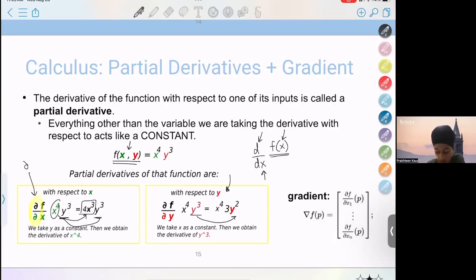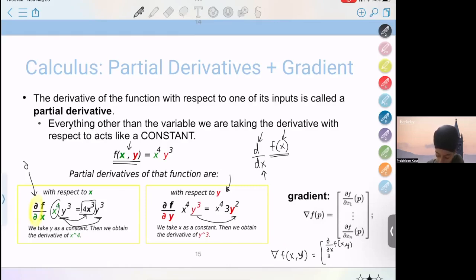So for this example, if we were going to write the gradient of this function that we just did on the side, we would write the partial derivative with respect to x at the top.